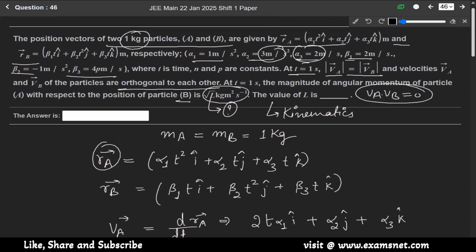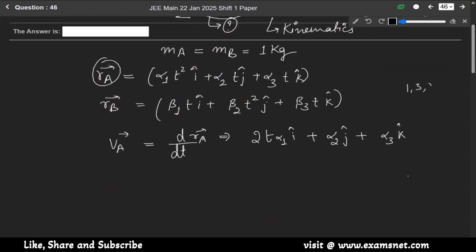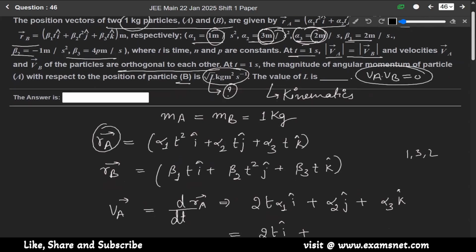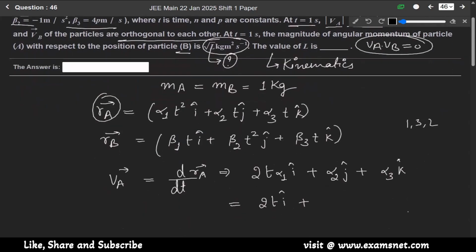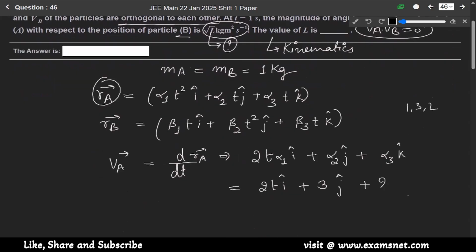And we are given alpha 1 as 1, alpha 2 as 3, alpha 3 as 2. So it will be equals to 2T iota cap plus alpha 2, given as 3 meter per second square, 3 j cap, and alpha 3 given as 2 meter per second, 2 k cap. So VA, the velocity of A vector, let us say this is equation number 1.